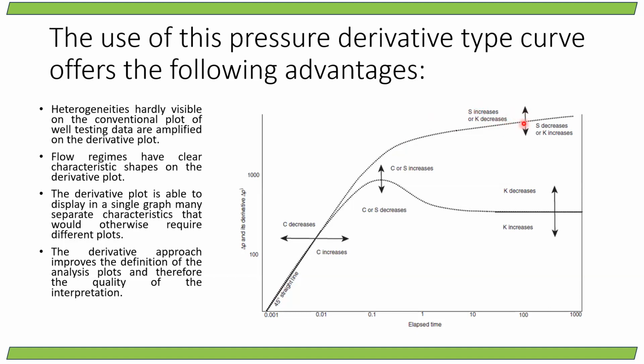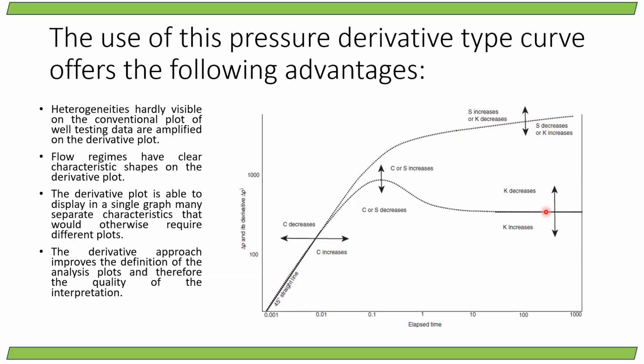If the graph moves towards the top, permeability is reducing and skin factor is increasing. Vice versa towards the opposite side: if the graph is moving down, then the skin factor is reducing, and obviously permeability will increase. Currently it is moving towards the top, that means S is increasing and K is decreasing.